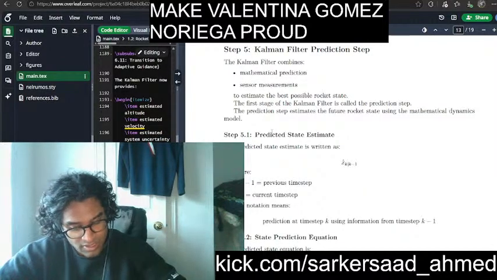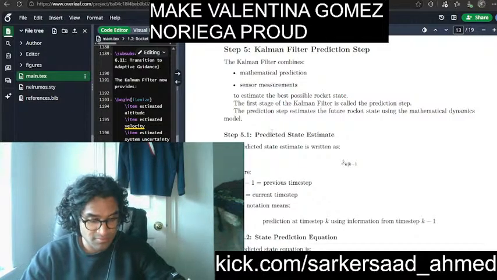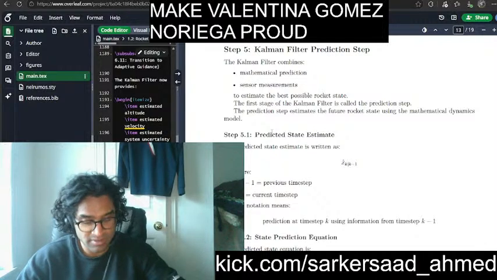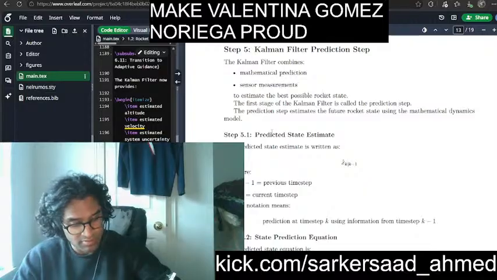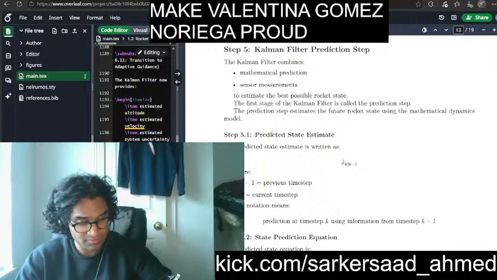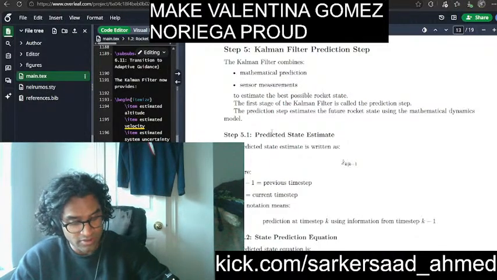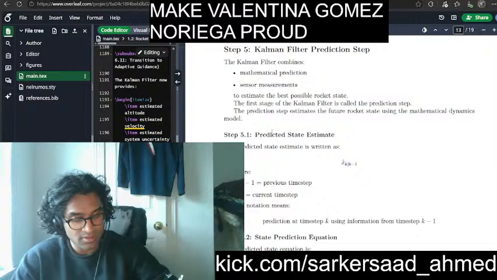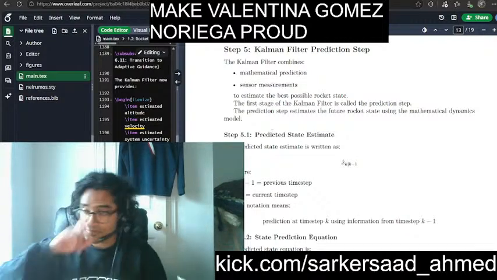So the Kalman filter combines the mathematical equations, the mathematical steps, and the sensor measurements in order to estimate the best possible rocket state.